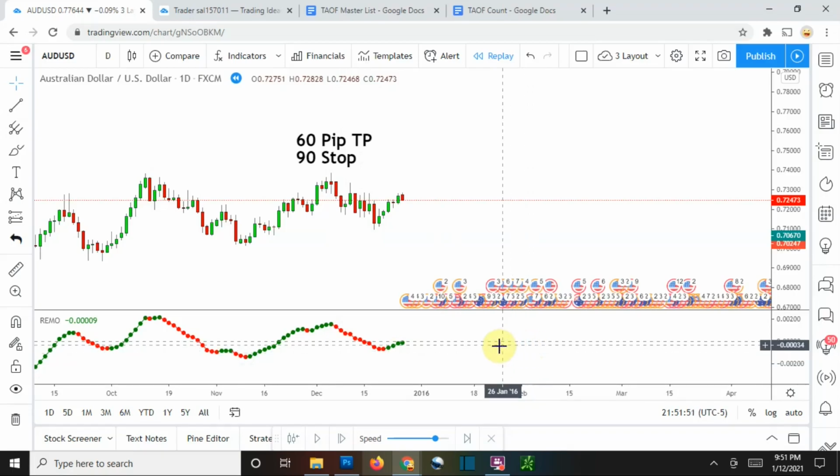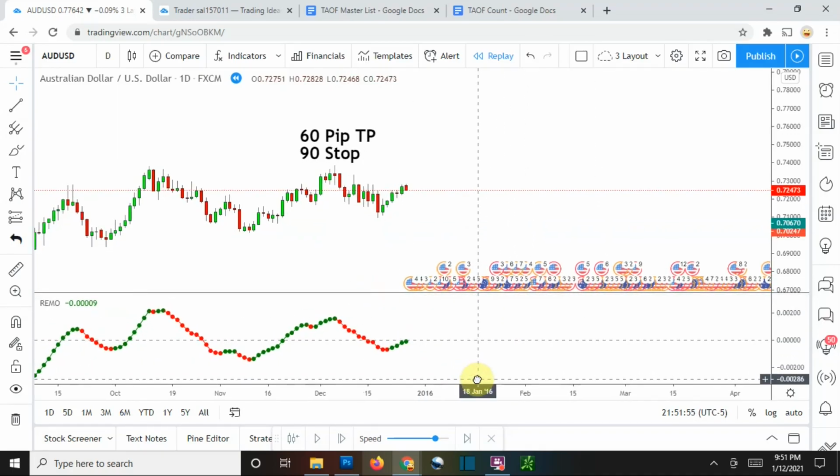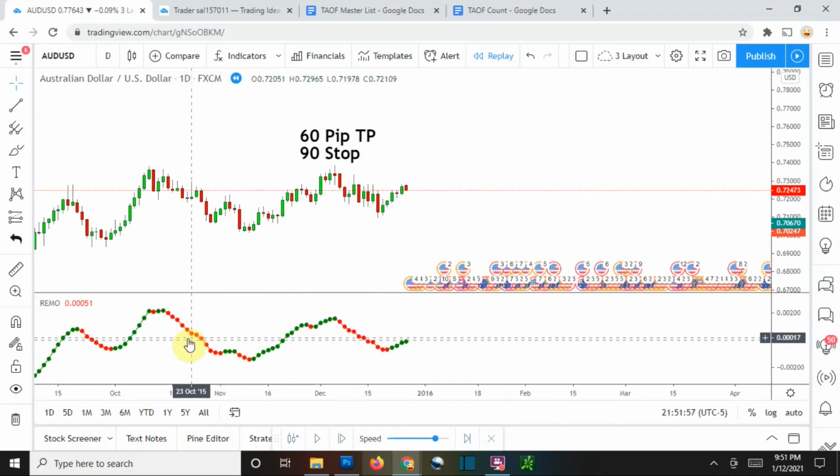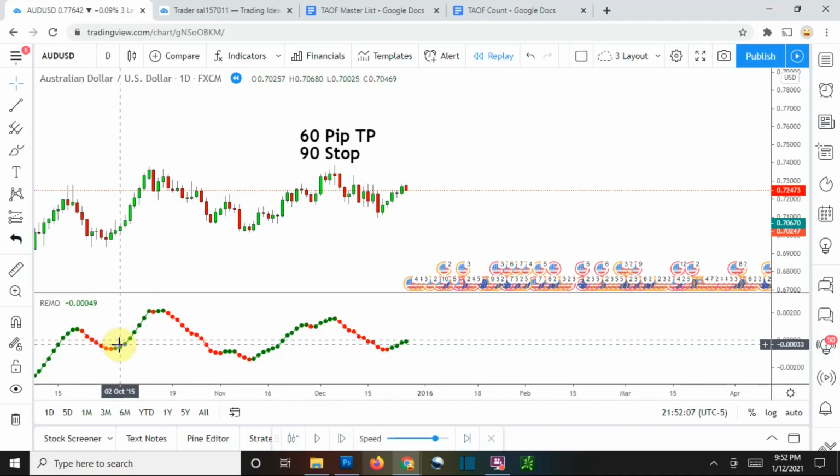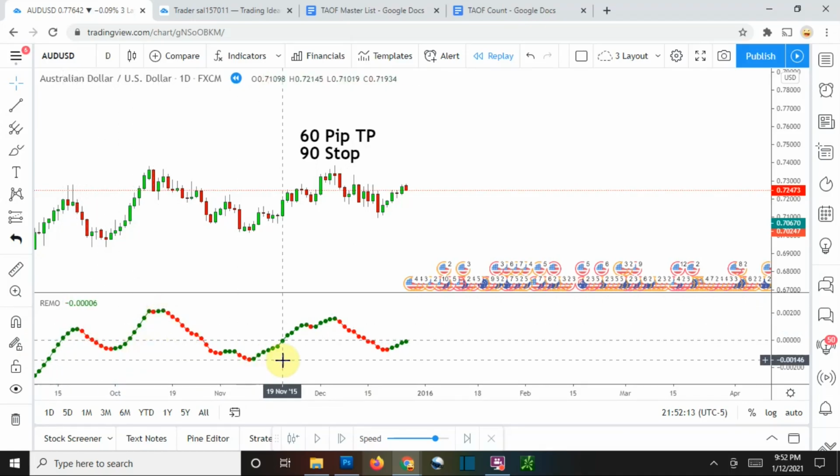You can see that there is a 0 line on this particular indicator, and so it does kind of pivot around the 0 line. And then you have an oscillating line here, which is turning from red to green. You can see these red and green dots.